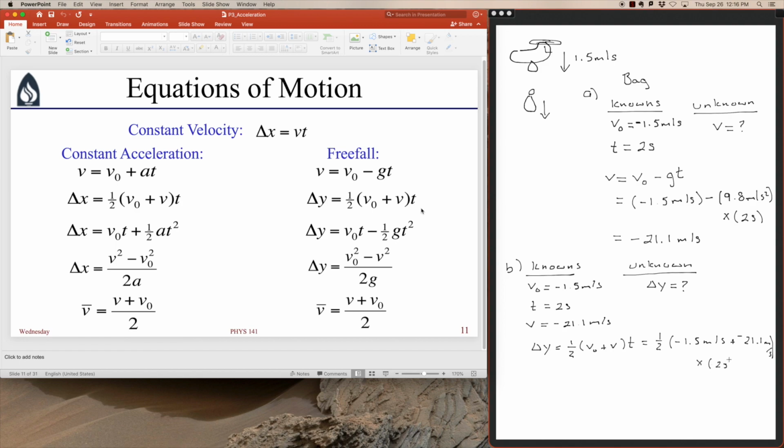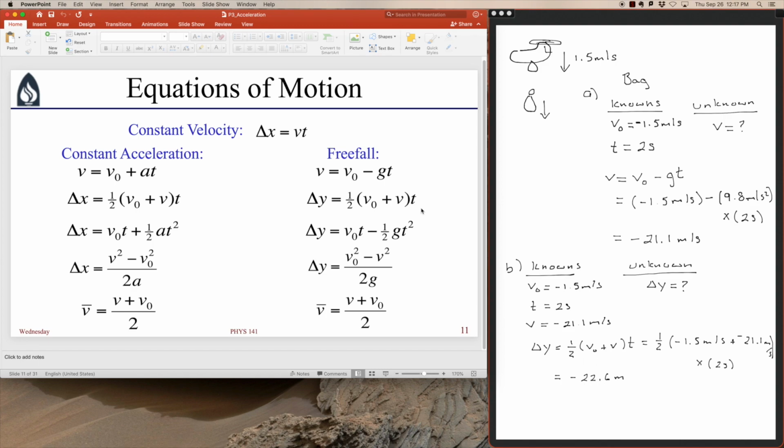So if I plug that into my calculator, I find a delta y of negative 22.6 meters. And that makes sense that I got a negative value because I expect the displacement of my bag to be negative because the bag is falling downwards. So if the bag had moved upwards, my delta y would be positive, but since the bag is moving downwards, the delta y should be negative.